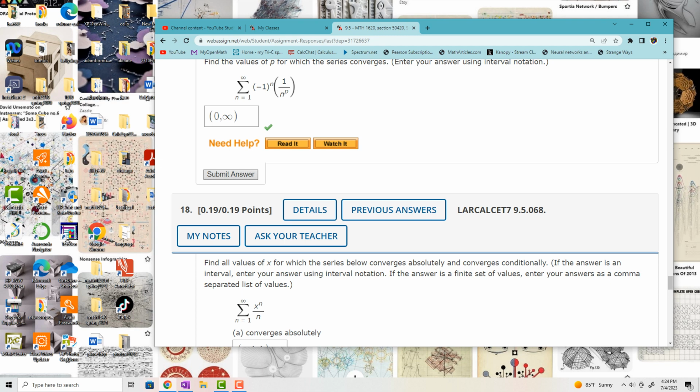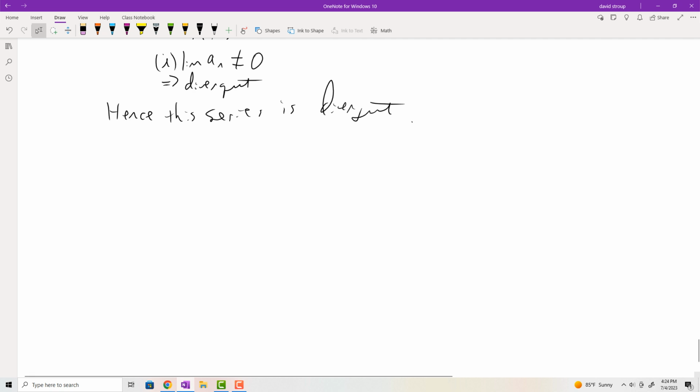So find all x values such that the series converges absolutely and converges conditionally. If the answer is an interval, enter your... So what you're going to end up doing is kind of chopping up the number line into pieces and approaching it that way. And it won't be the best proof in the universe, but it's going to get the job done. So this is actually problem 18 in WebAssign.